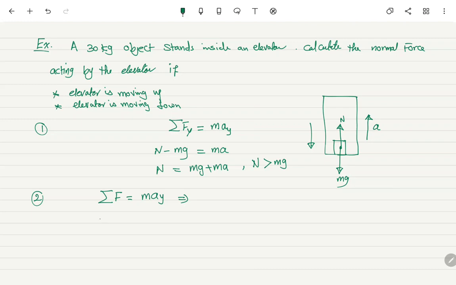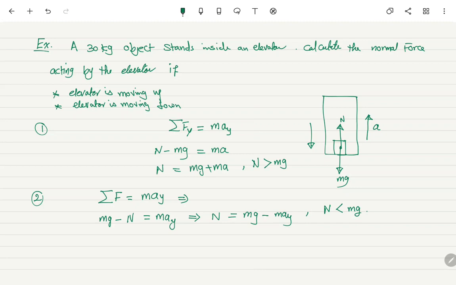So mg minus normal equal to ma y, or in other words, the normal force is equal to the actual weight minus ma y, so the normal force is less than the actual weight of the object.